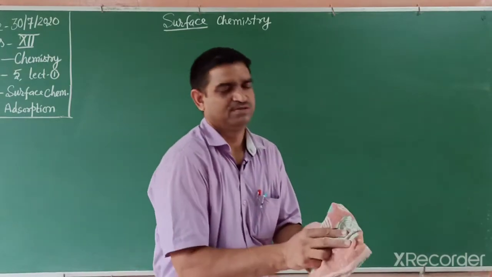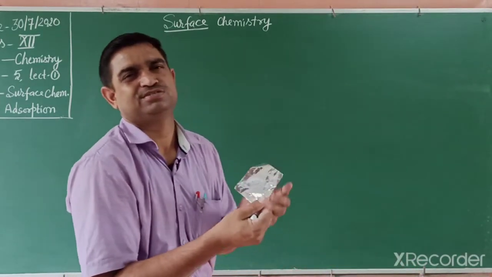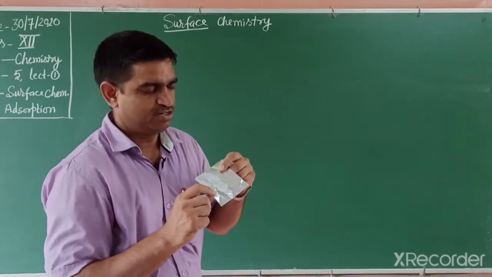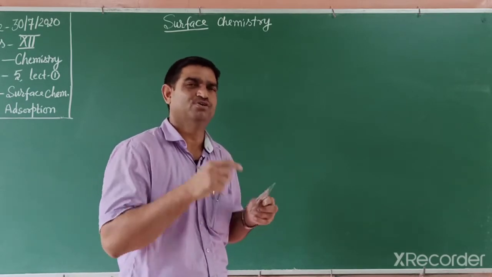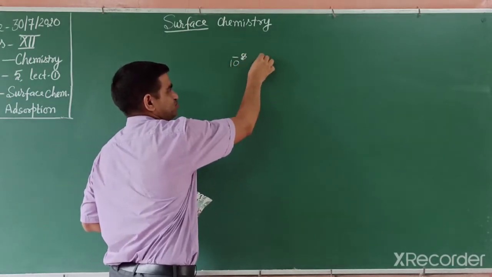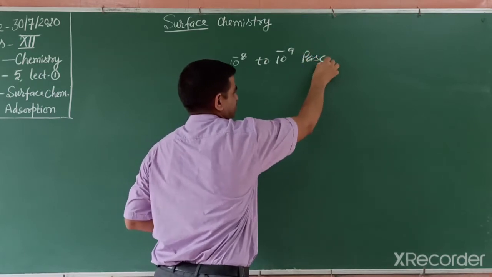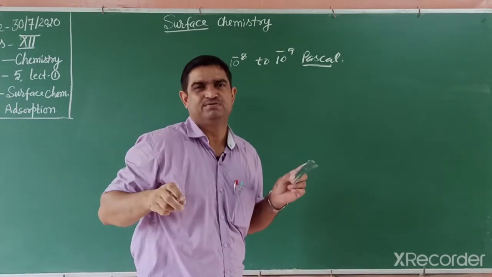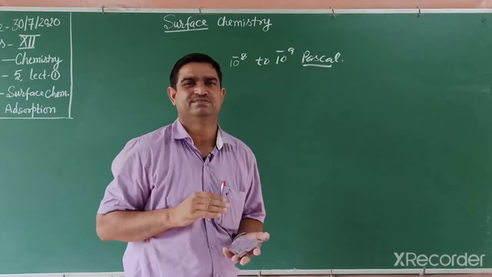When we rub it, the dust is removed, but the gas stays adsorbed. If you create a very high vacuum, meaning very low pressure, 10 to the power minus 8 to 10 to the power minus 9 Pascal, then this metal surface can be cleaned.